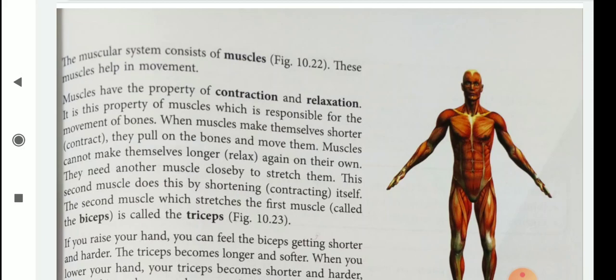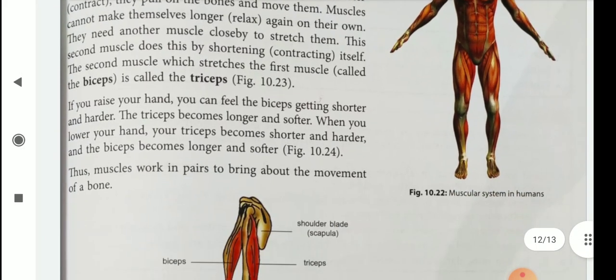So through this contraction and relaxation mechanism we can move our body, our hands and legs. They need another muscle close by to stretch them. This second muscle does this by shortening, that is contracting itself. The second muscle which stretches the first muscle, called the biceps, is called the triceps.